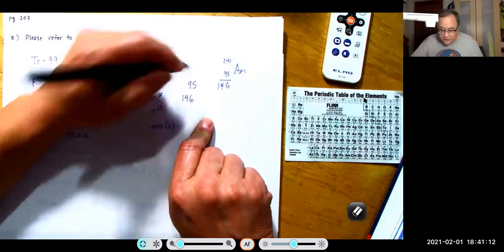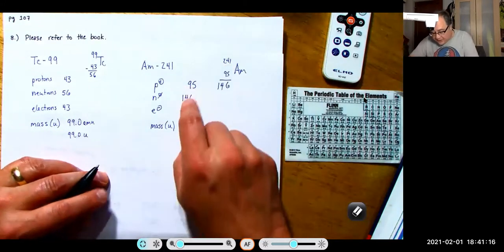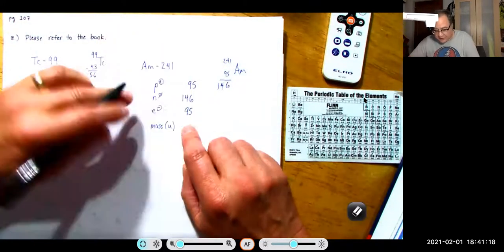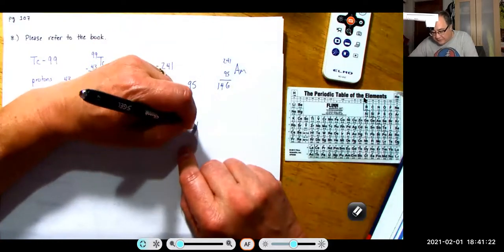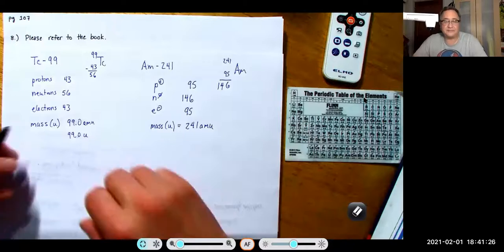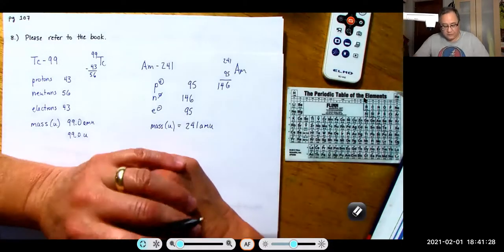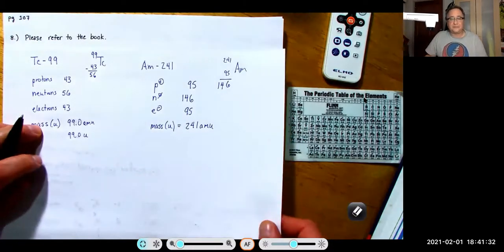And of course, these two numbers added together should be 241. The number of electrons is the same as the number of protons. And this guy has a mass of 241 AMU. And that's all there is to it. We good to go? Okay.